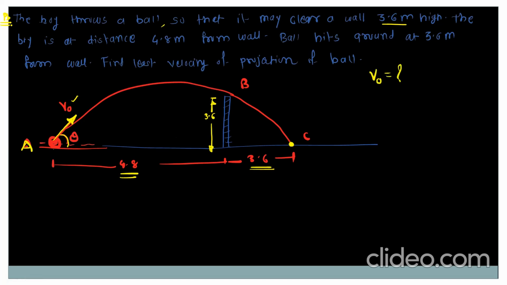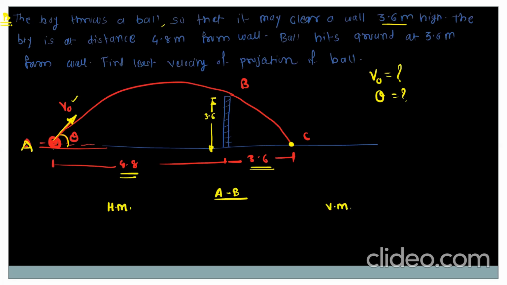Okay. And also theta is not given. So we have to find out this theta value. So for that, we will first consider motion A to B. And for A to B motion, consider the horizontal motion and the vertical motion.